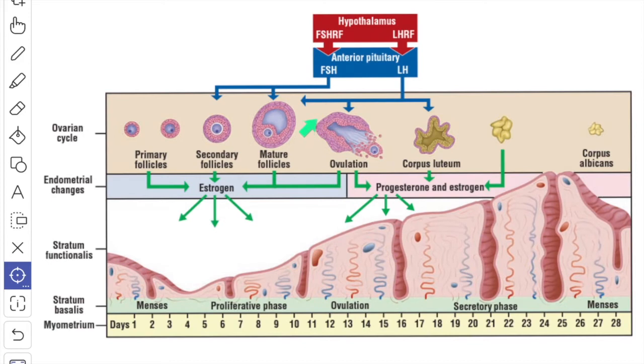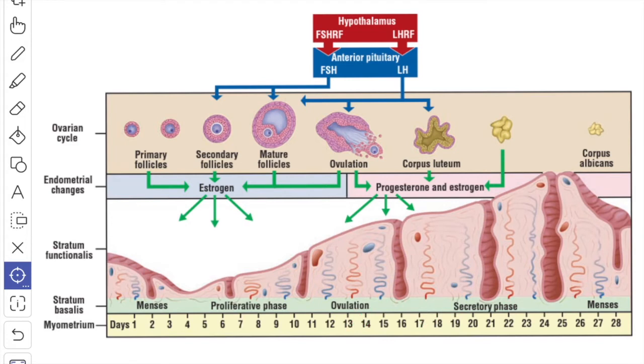Next, we'll see about ovulation. Ovulation means the rupture of the Graafian follicle with the liberation of the secondary oocyte from the ovary. It takes place at about the middle of the menstrual cycle. Irrespective of the length of the menstrual cycle, ovulation occurs approximately 14 days before the onset of the next menstrual bleeding.